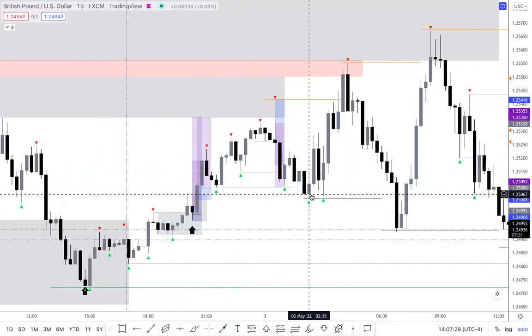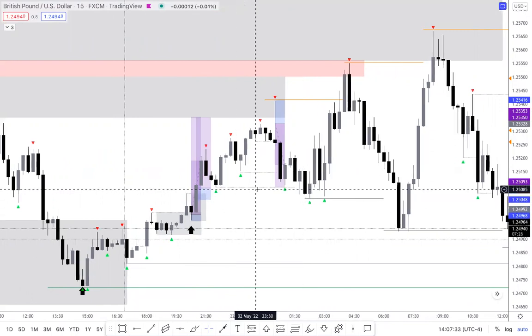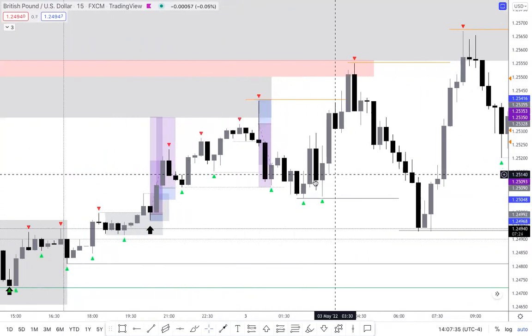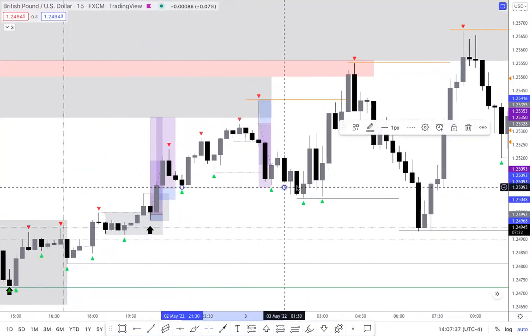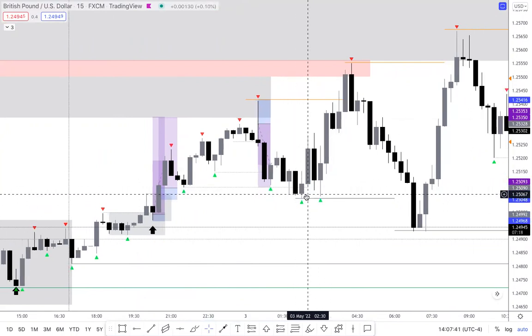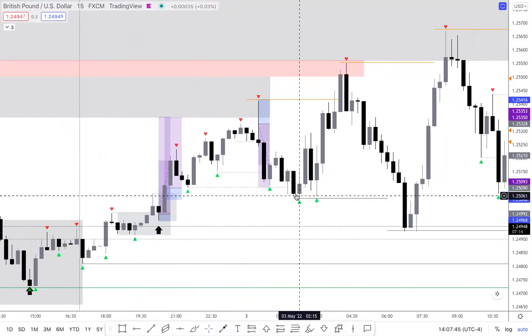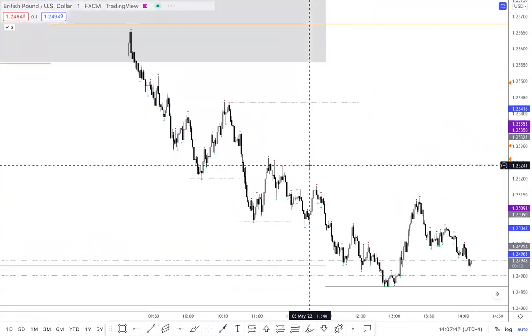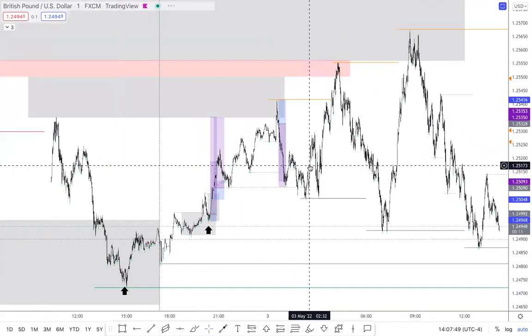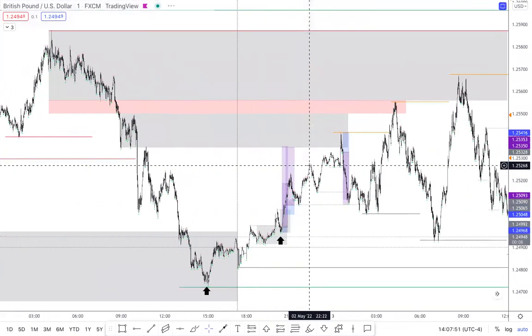So there would have been no reason for me to actually buy in this area. However, there is a 15-minute fractal here, and as you can see, we swept that liquidity here, so that could be trapping all the sell stop orders. So once we trap all these sell stop orders here, perhaps we can then flip into the 1 minute, see if we either have an AMD or just a simple change of character.